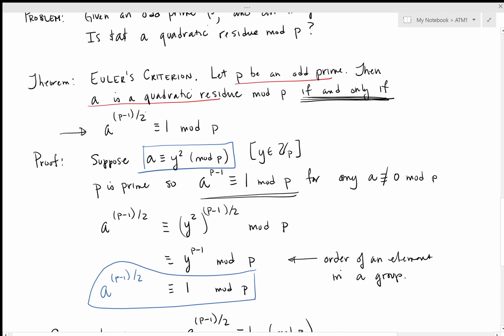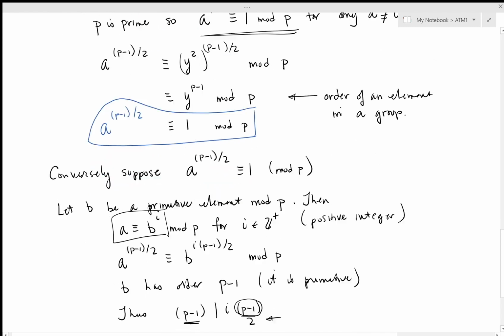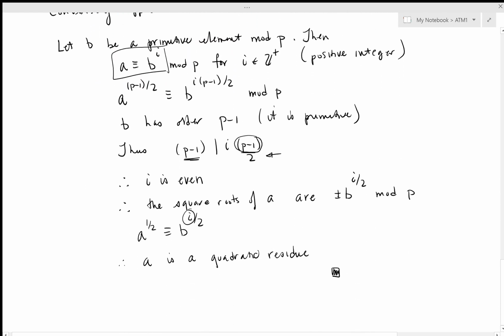We can simply make this calculation here and see whether it turns out to be 1 or not. If it doesn't turn out to be 1, then we answer no, it isn't. If it does turn out to be 1, we answer yes, it is. We don't have to square all of the numbers in Z_p to see if we can find a. So this gives us a quick method for determining whether something is a quadratic residue.